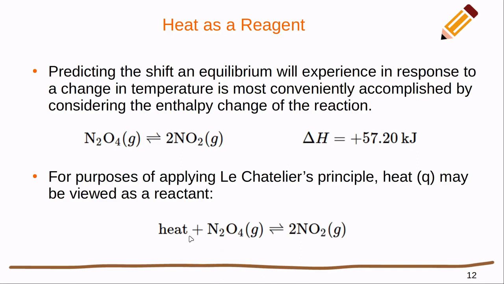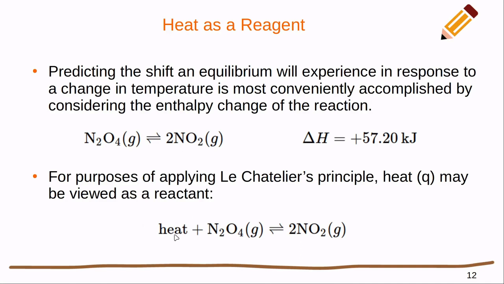When I think about heat as one of the reactants, I can then think about how the change in temperature is going to affect this reaction, okay? If I increase the temperature, I'm going to increase the availability of heat, okay?